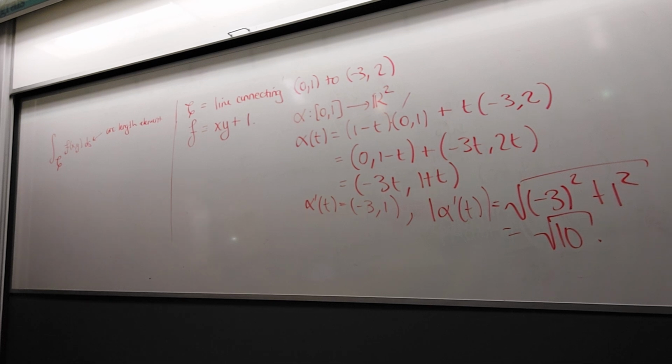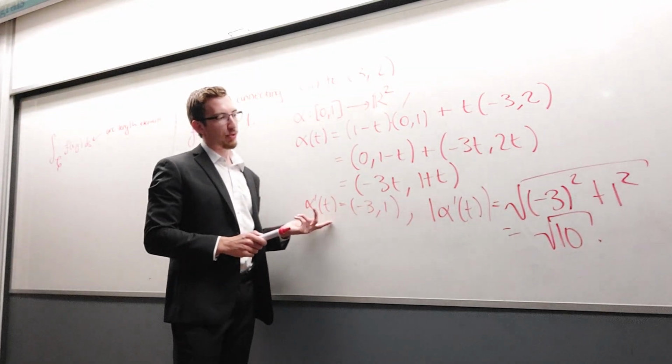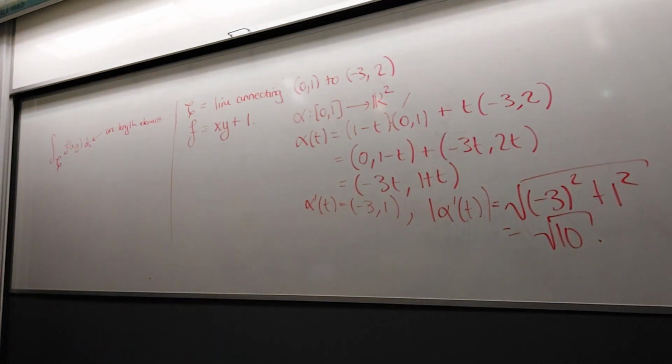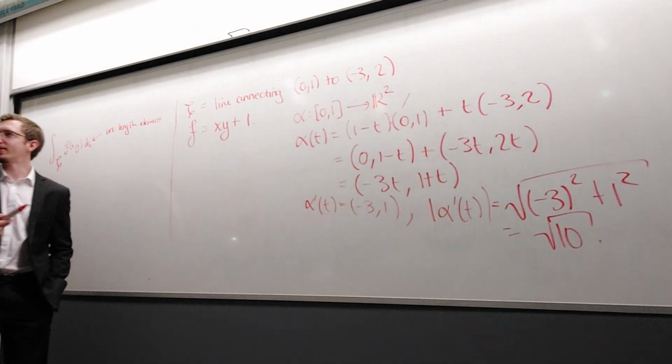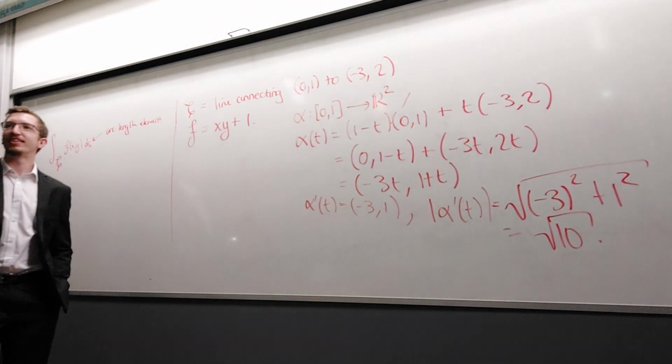We've computed the norm of the tangent vectors. Now what do we do? We need to get x and y in terms of t.